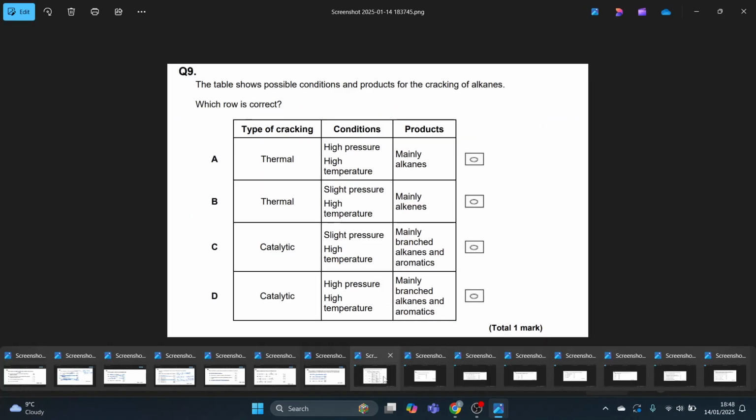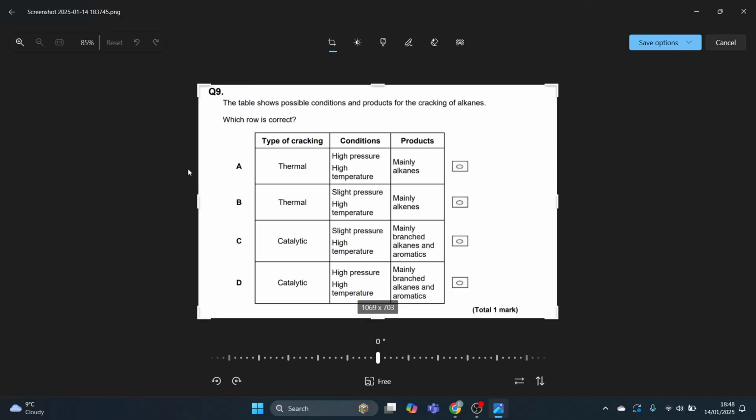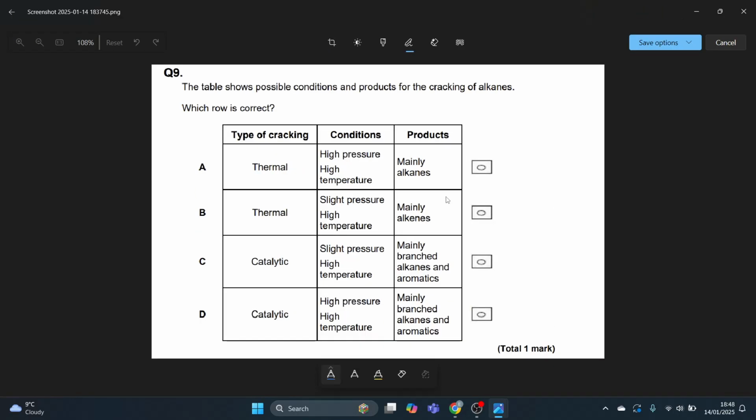Okay. Question 9. Now this one is a bit tricky. Which table shows possible conditions and products for the cracking of alkanes? Which row is correct? Thermal cracking, high pressure, high temperature. Is that true? That is absolutely true. The products mainly alkanes. No, in thermal cracking the products are mainly alkenes. Thermal cracking, slight pressure, high temperature, mainly alkenes.